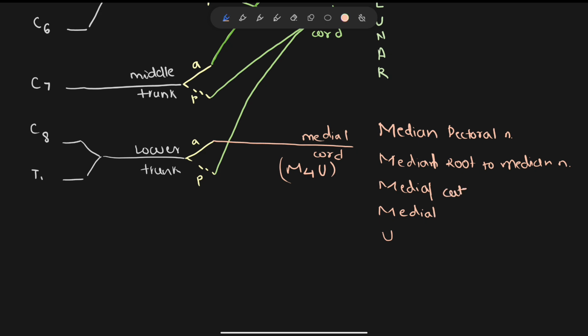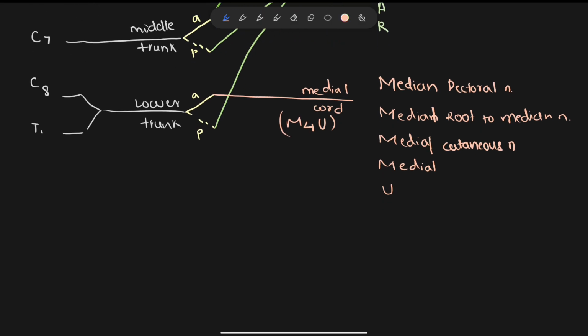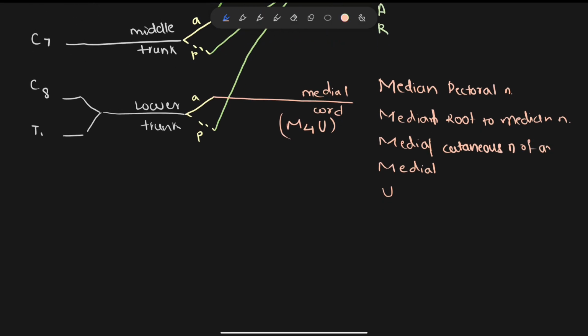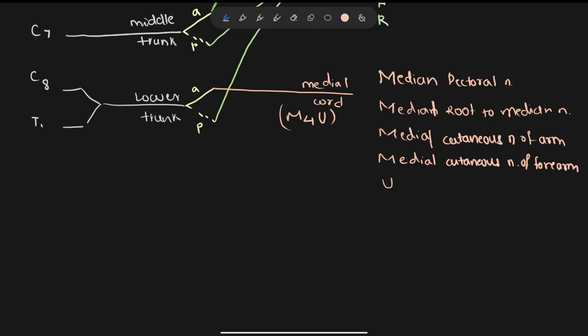Medial cutaneous nerve of arm. It will supply only the cutaneous part, the skin part of the arm, and this will be medial cutaneous nerve of forearm. One will go to arm, another will go to forearm.